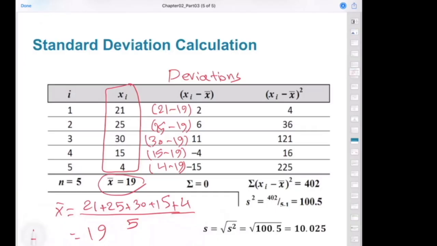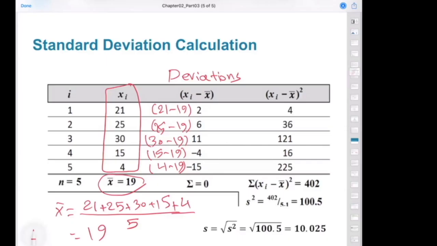Look, the sum of the deviations is equal to 0. Why? As you can see here, you have 11 plus 2, 13. 13 plus 6, 19. Okay, it's positive.